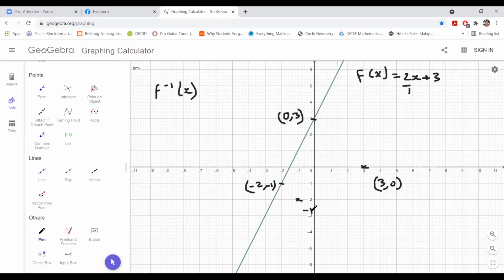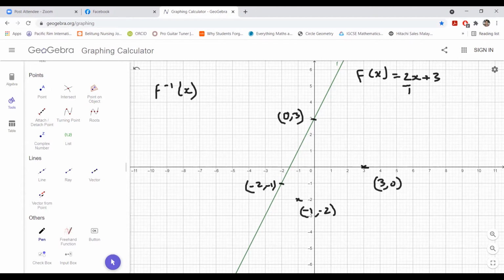So do you see what happened? All I had to do was swap the two coordinates. So 0, 3 becomes 3, 0. -2, -1 becomes -1, -2. It doesn't matter if it's a straight line or a quadratic or any other kind of graph. This is how you do it to get the inverse.